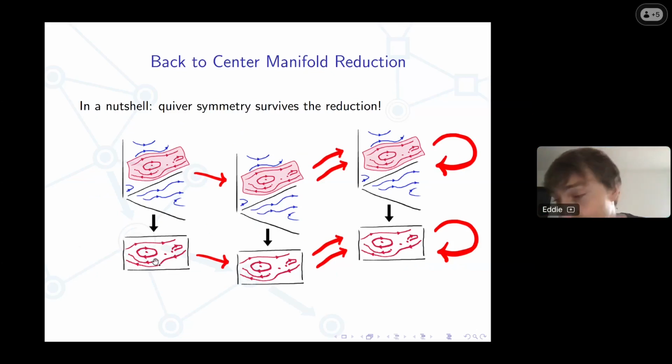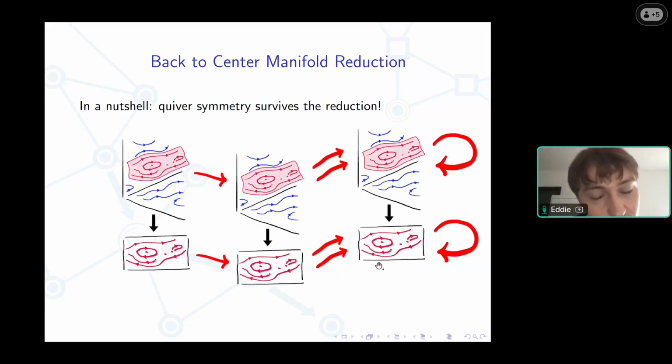So quiver symmetry survives the reduction, and that also means that all the aforementioned properties, all this node dependency, all these invariant spaces, sometimes the entire network structure itself, in a sense, survives the reduction. So we have essentially proven that indeed all these properties survive center manifold reduction.